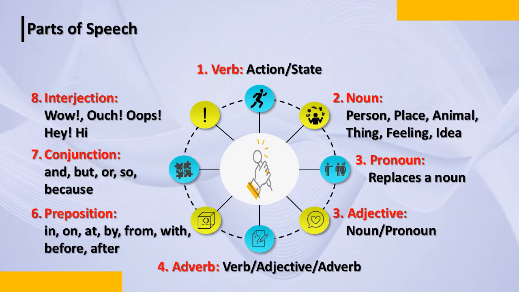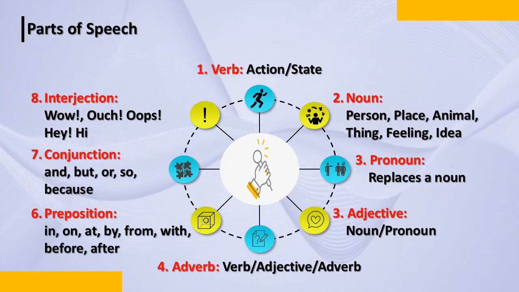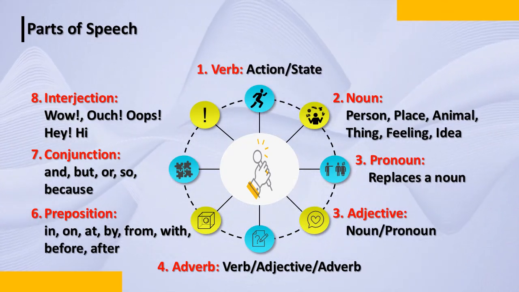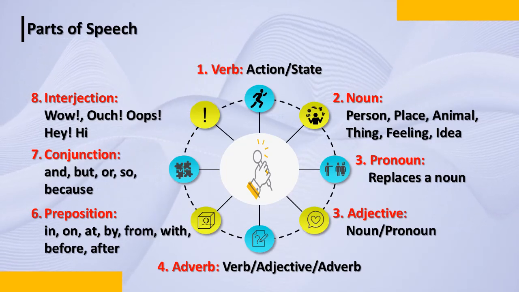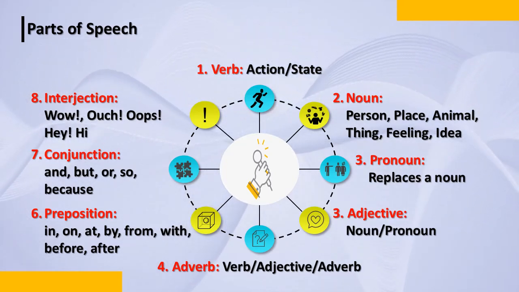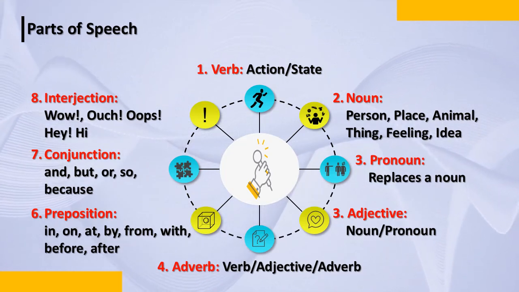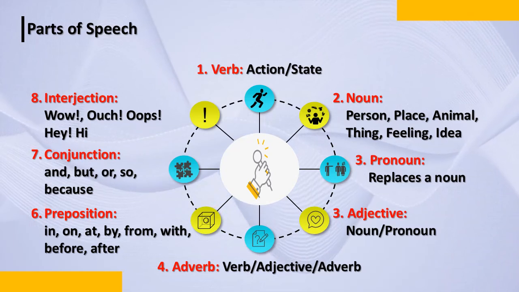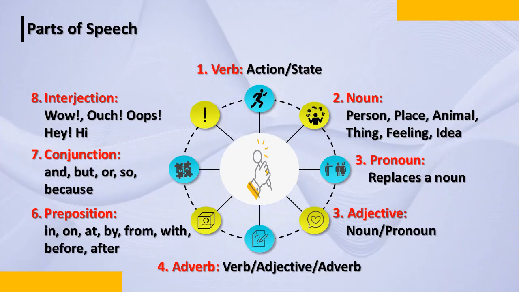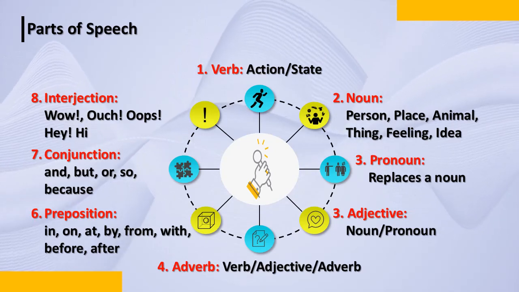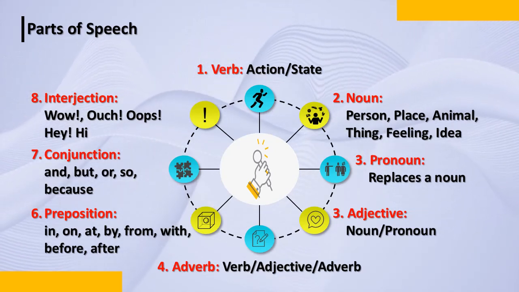The idea here is the laughing as a verb. Raju is a noun. So name of a person, place, animal, thing, feeling, idea is a noun. Pronoun, something which replaces a noun, we discussed on that. Adjective, something you're describing a noun or a pronoun. Adverbs, you're actually describing a verb, an adjective, and at times it can also be describing another adverb.